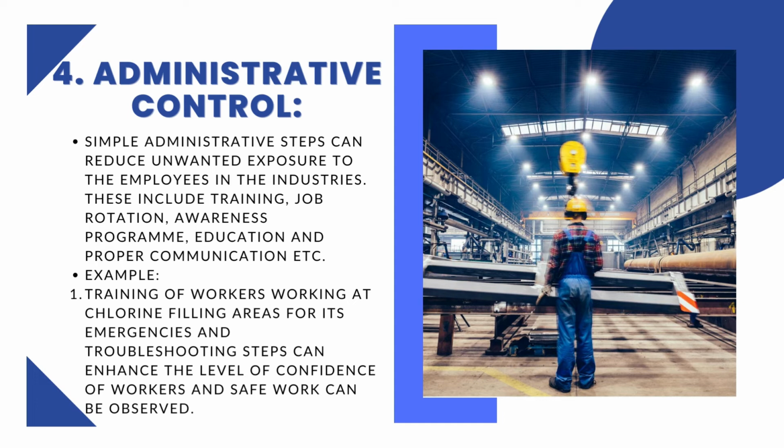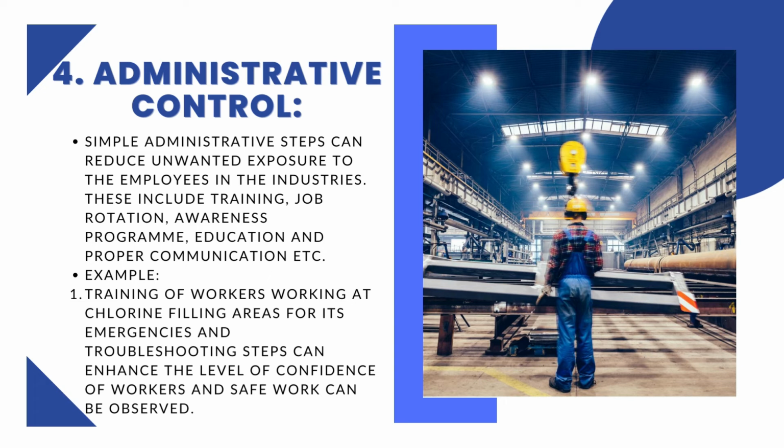So in administrative control, proper training, job rotation, awareness programs, education and proper communication should be created between the workers working in the premises, which will create a safe working environment and fewer hazards.